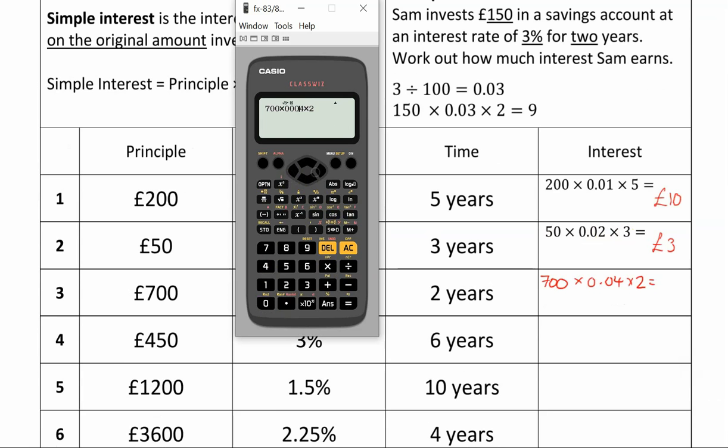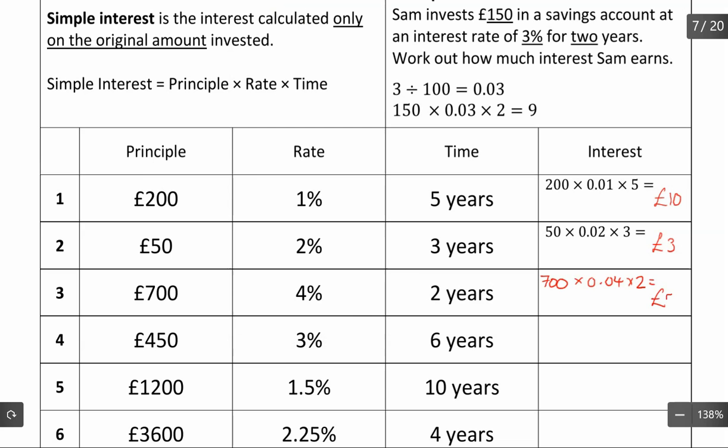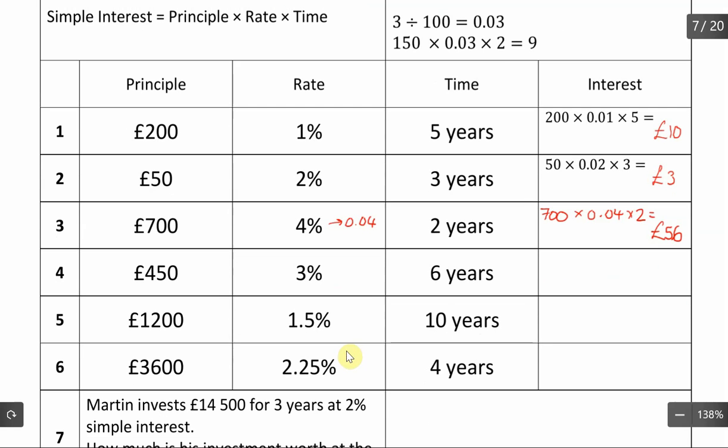Not to put a decimal in. £56. Okay, it might be a good idea at this point to turn all of these into multipliers before you then do the calculation at the end. Okay, now might be a good point to pause the video while I finish off these last ones, and then you can unpause and check your answers.